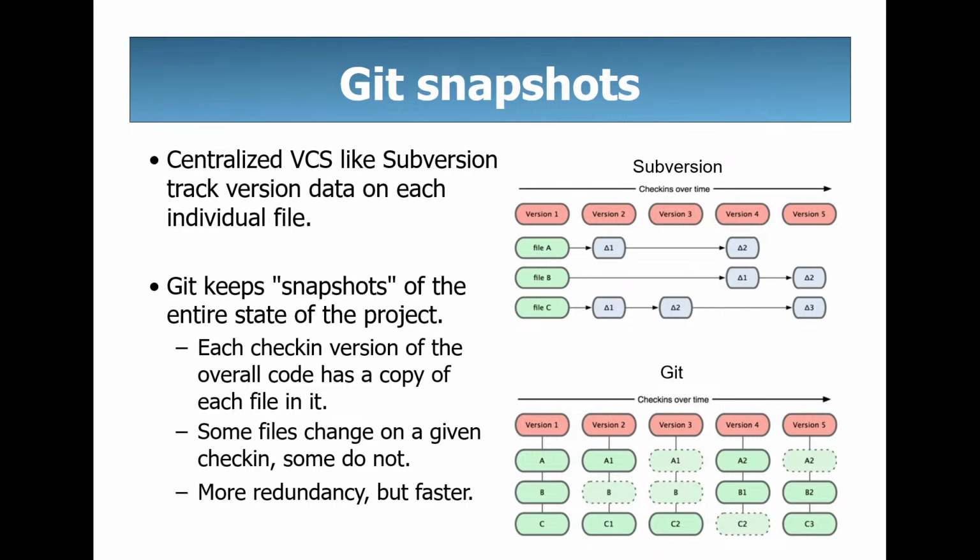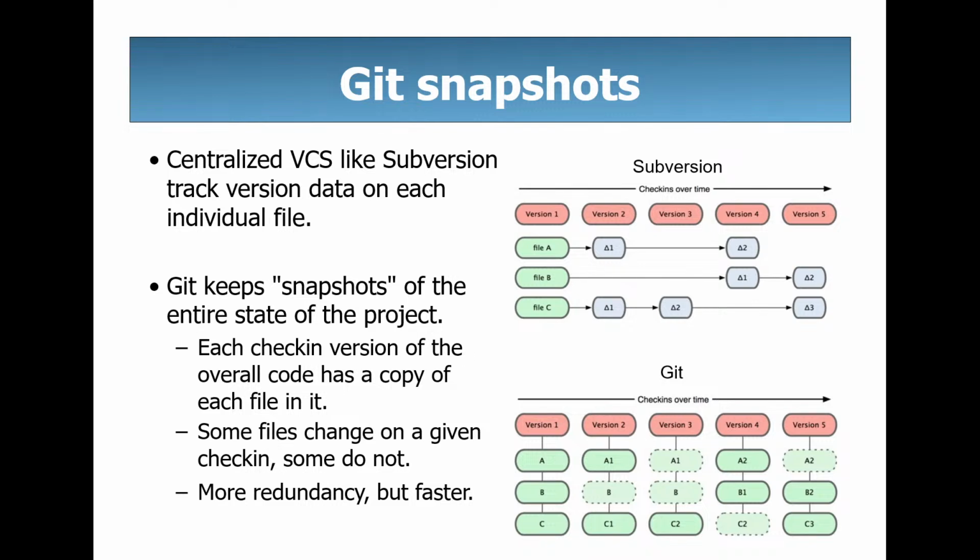Second, efficient storage. Git's method of referencing unchanged files rather than storing duplicate copies conserves storage space. By storing only the differences between snapshots and referencing unchanged content, Git maintains efficiency even with large projects.